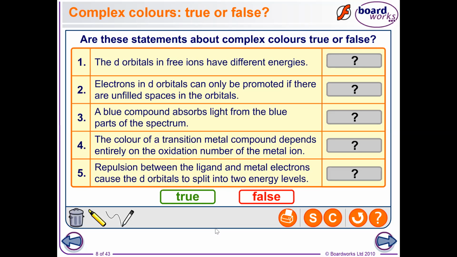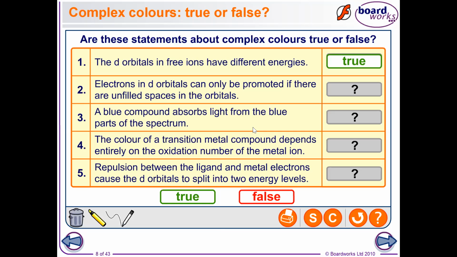The orbitals in free ion have different energies. True. Are you sure? Yes. Final answer?